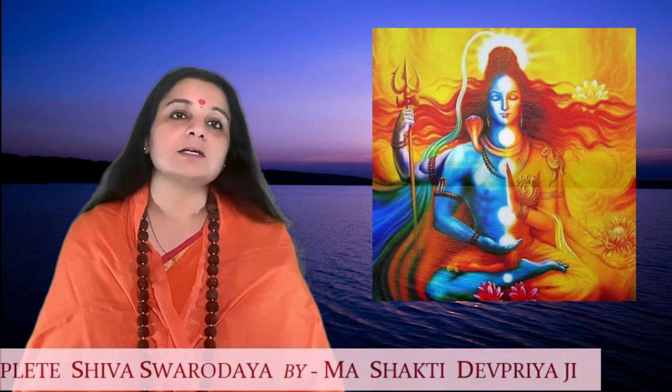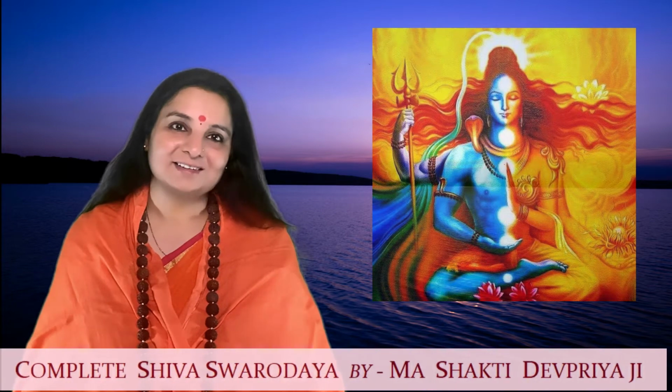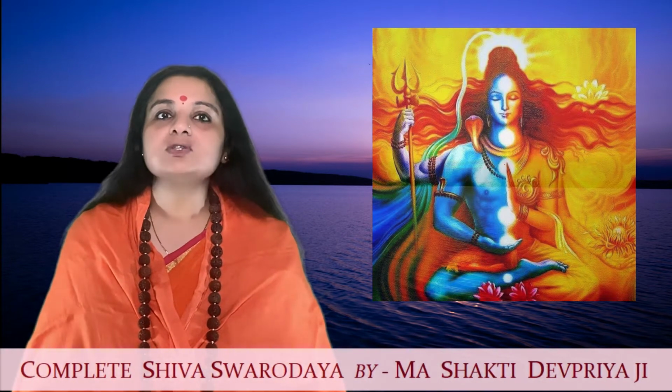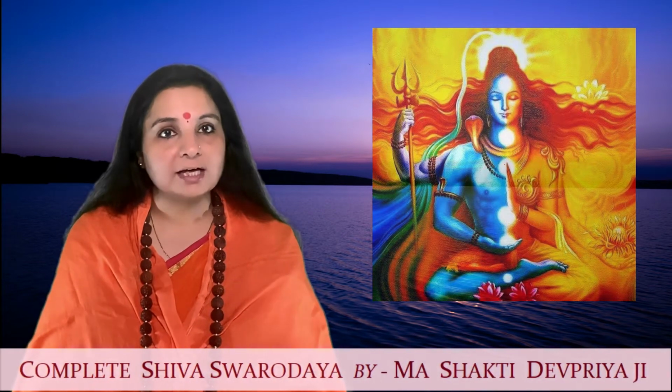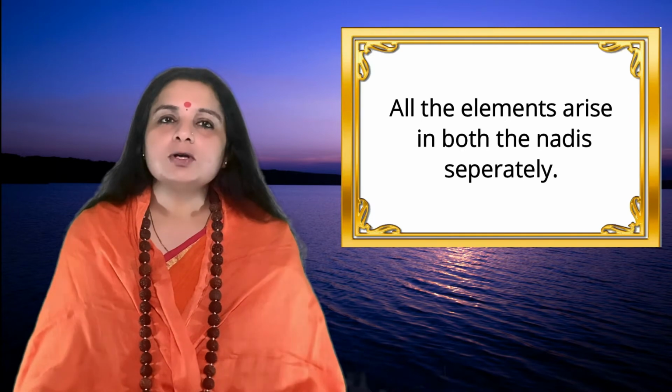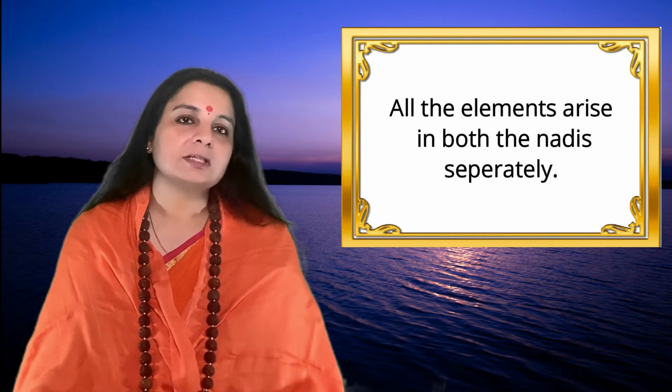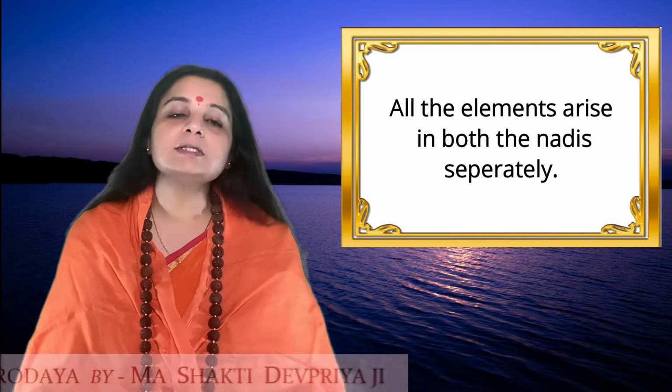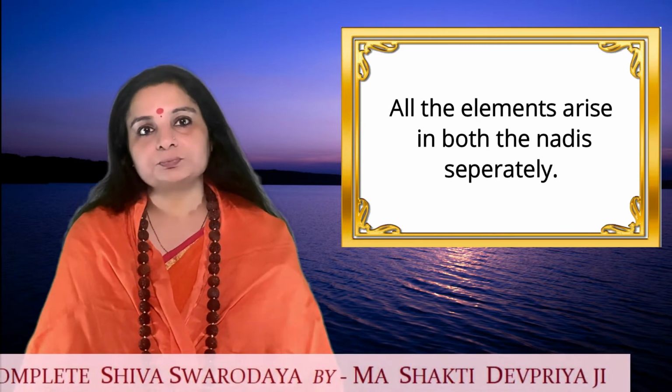By now, you understand that the ideal time for each swar is 1 hour. Every hour the swar changes from left to right or right to left. When this change is taking place, for a brief moment of time, the Akash Tattva or space element is active.